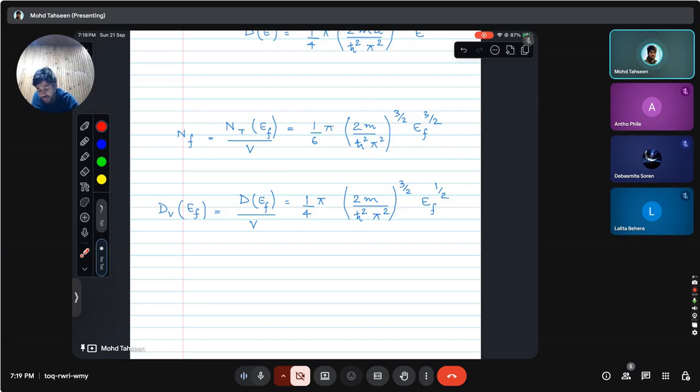That's why I'm going to represent it by NF, and this is simply the volumetric density of particles, of electrons, at 0 Kelvin, of course.